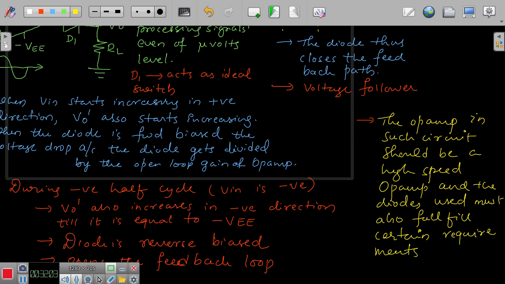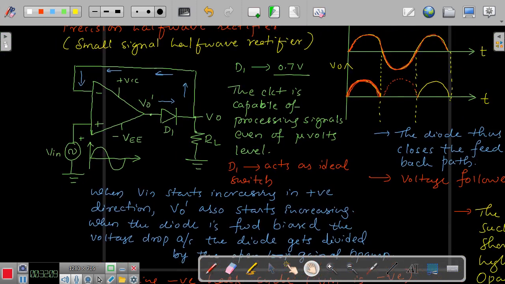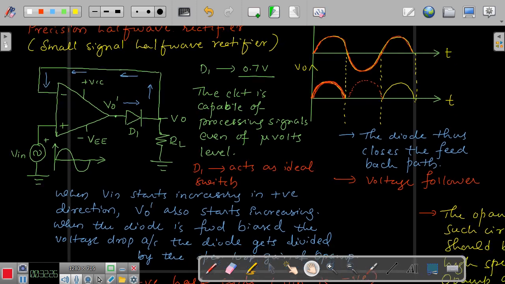When the input signal is dependent on the frequency, the operational amplifier also should switch between the positive and negative half cycles so quickly. Because the diode is present in the series of the feedback path, and at the same time your diode also should fulfill certain important conditions.